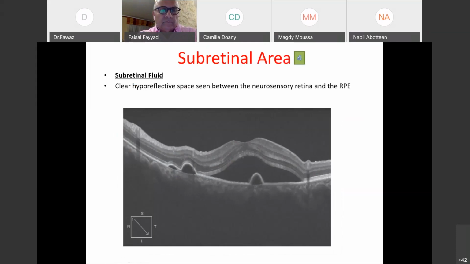The subretinal area, just to explain it, is the area between the retinal pigment epithelium and the neurosensory retina. And usually we may find fluid beneath this area, either clear or turbid fluid.